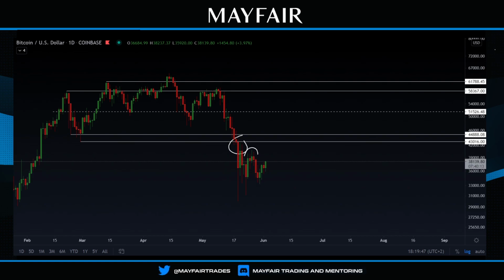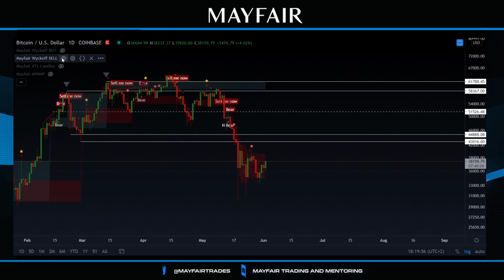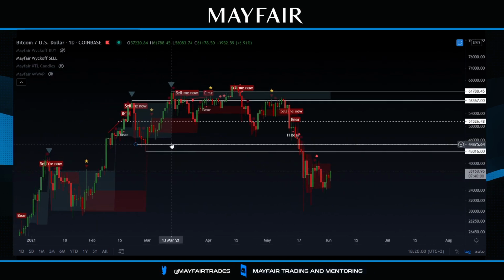I think from here, we're also seeing a couple of other bits and pieces. If we were to stick on the sell indicator, from the Wyckoff move that we were looking at, we saw the distribution channel.